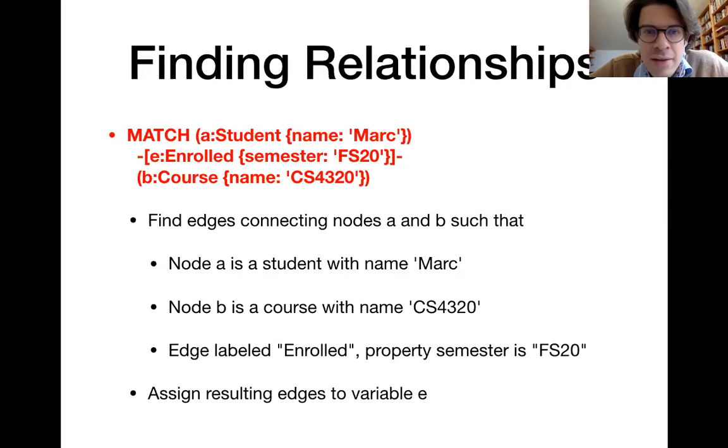So this notation without the final arrow tip means that we are looking for connections in both directions. Good observation. Yes. But if you're creating edges, then you always have to indicate the specific direction. If you're searching for relationships, then you can leave out the direction, and then you will find connections in both directions. But when creating them, you have to say which direction it should be. Good.